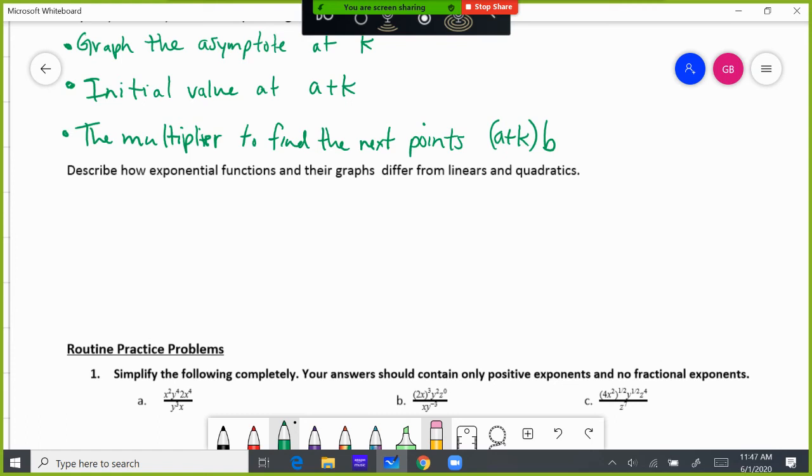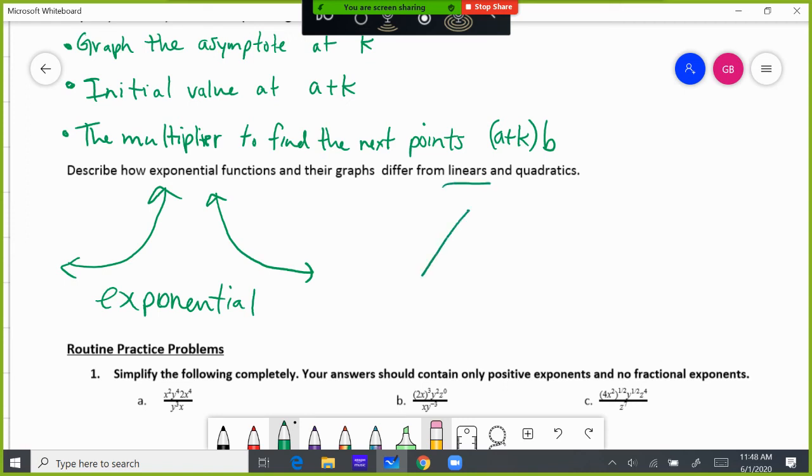Describe how the graphs of exponential functions differ from linears and quadratics. So I drew some above. They're either always increasing or decreasing, and they're in the form of a curve. Linears, of course, make straight lines, so that's how they're different.